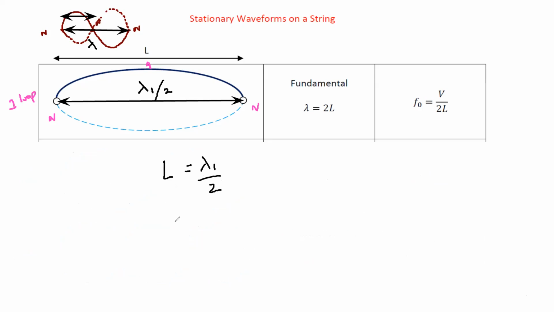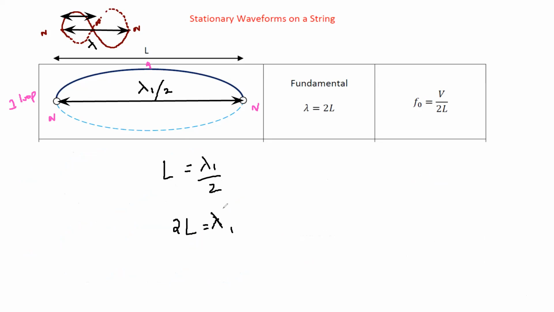What is the wavelength when it is vibrating in one loop? The wavelength when it is vibrating in one loop is 2L. Sometimes they give you the length of the string and mention it is vibrating in one loop, so you have to work out the wavelength.